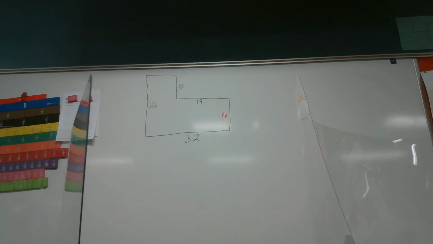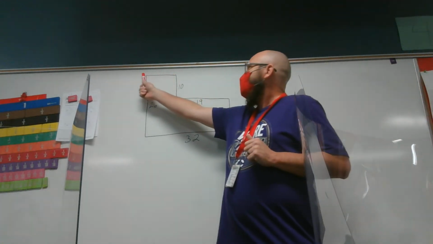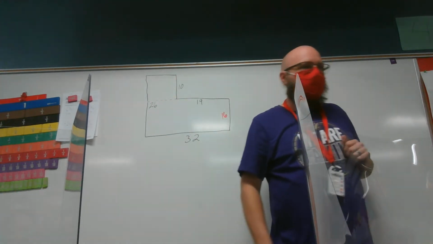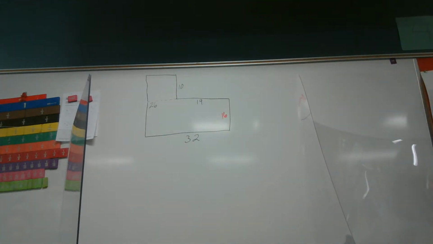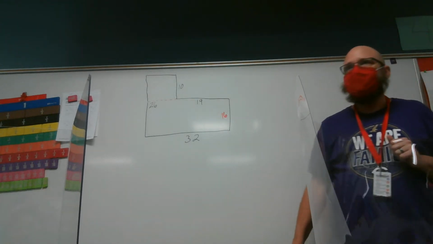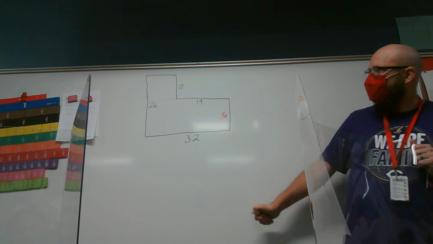Now we have that top horizontal side here. This side right here that doesn't have a measurement. We do not know how long that side is. Landon, how would I figure out the length of that side? You need to subtract 19 from 32.